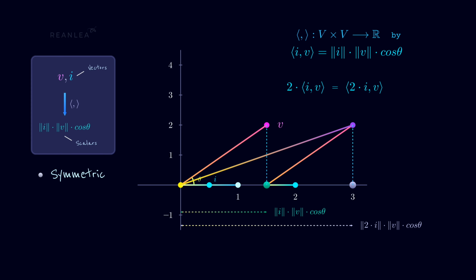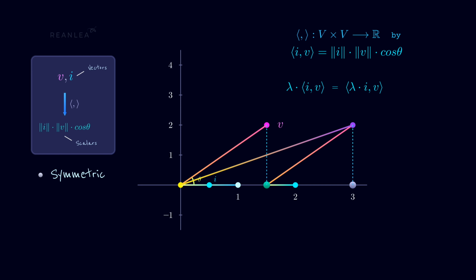Now since any vector on the x-axis can be expressed as a scalar times the unit vector along the x-axis, further generalization of this result gives that lambda times the inner product of I and V is equal to the inner product of lambda I and V for all lambda in the scalar field.